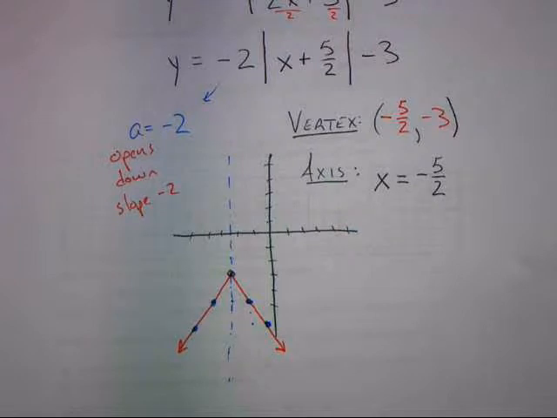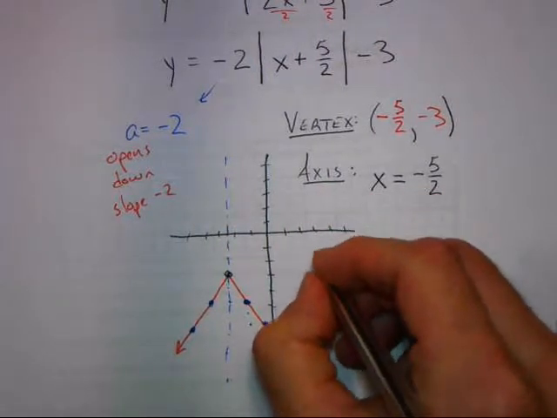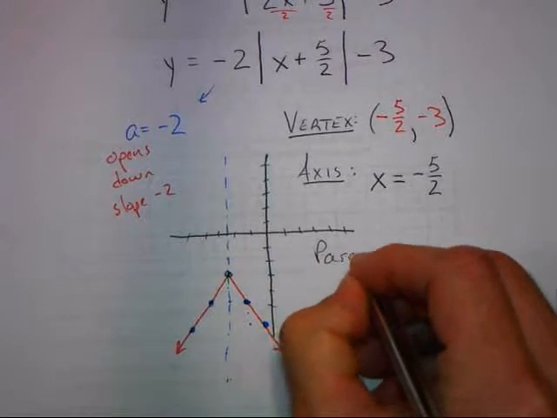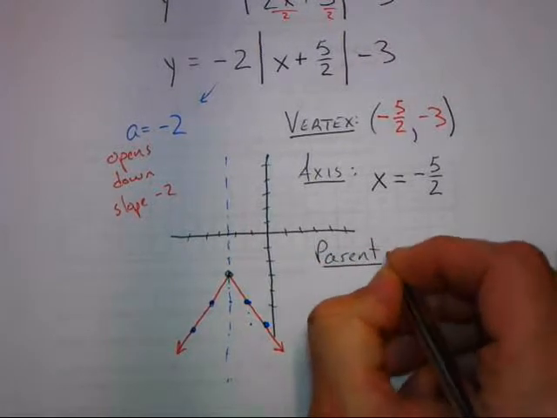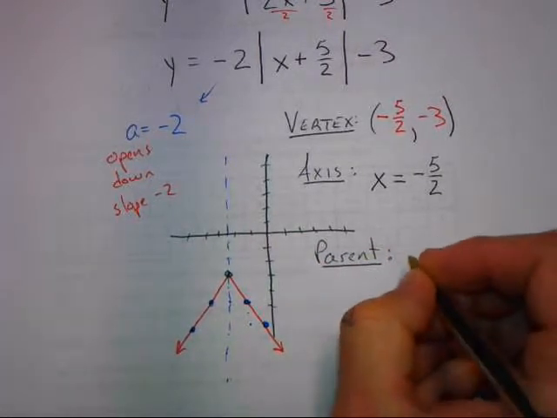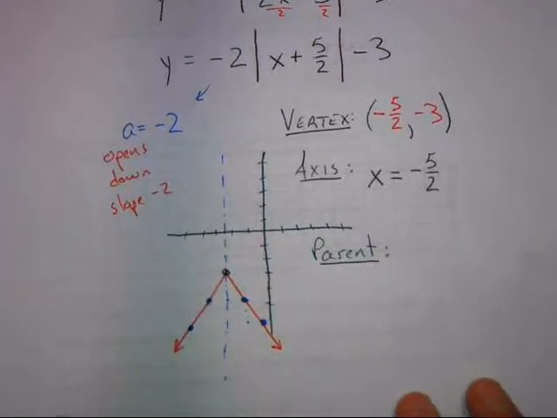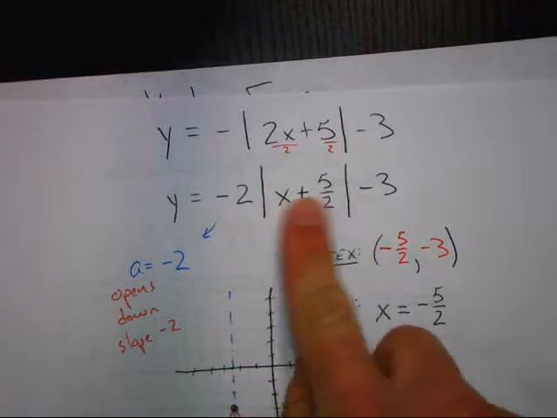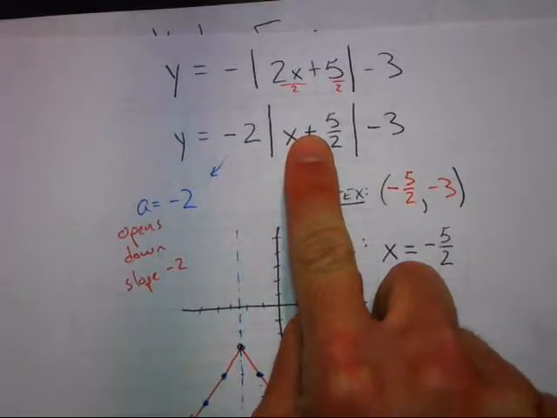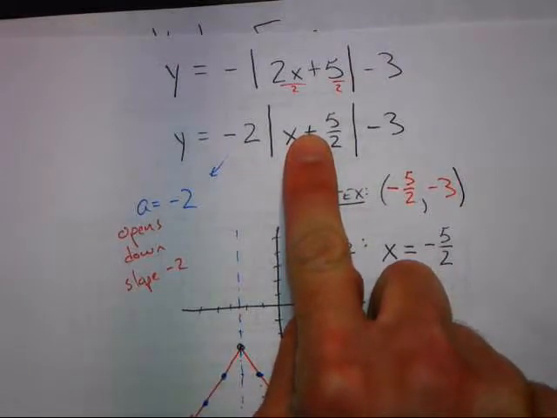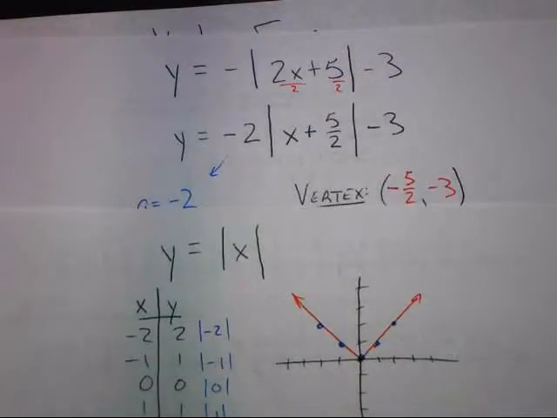So now on to parent functions. Parent functions are the functions that every other function that looks like it is built around. So we have an absolute value function. What does an absolute value function look like? Looks like a v.